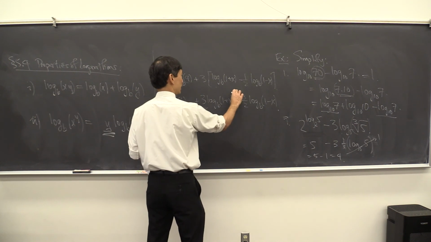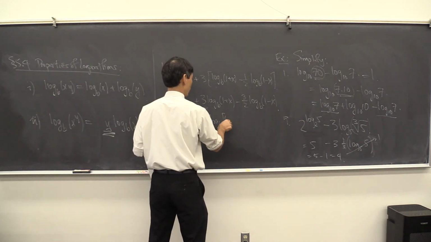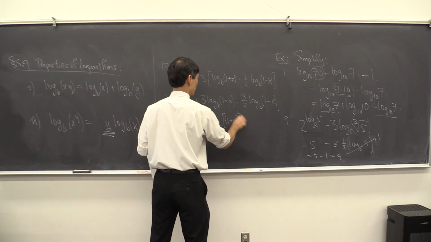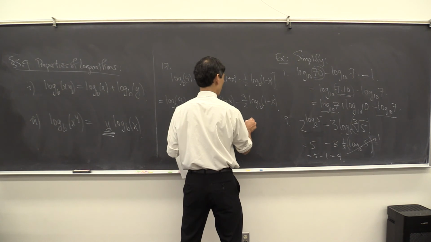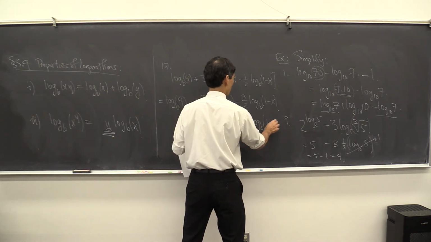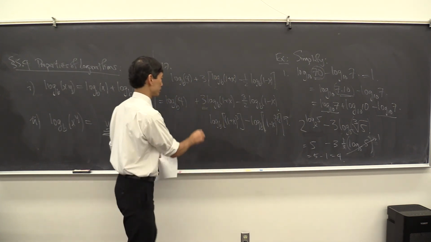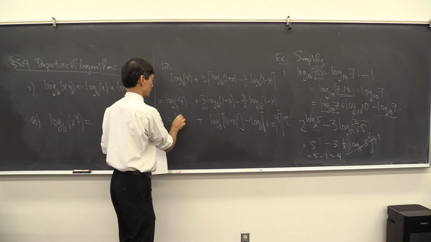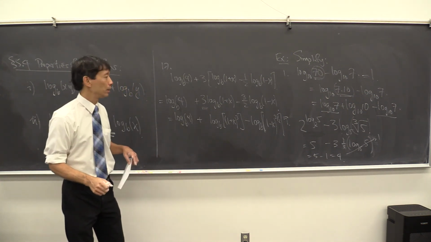So we can put this in as an exponent. This is going to be log base b of 1 plus x cubed, and this is going to be minus log base b of 1 minus x to the 3/2.